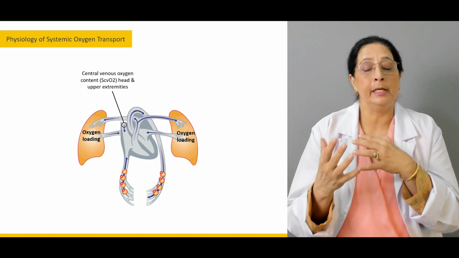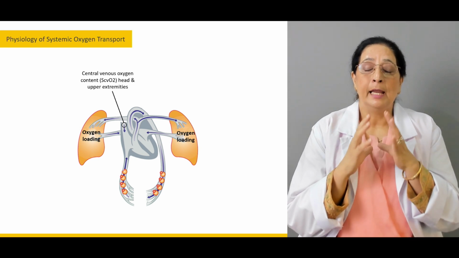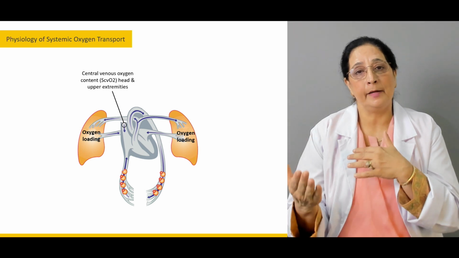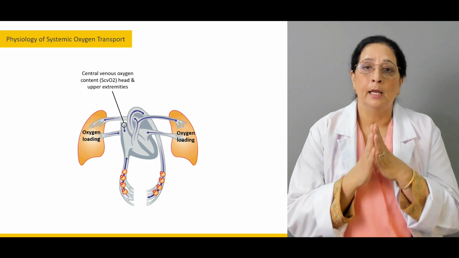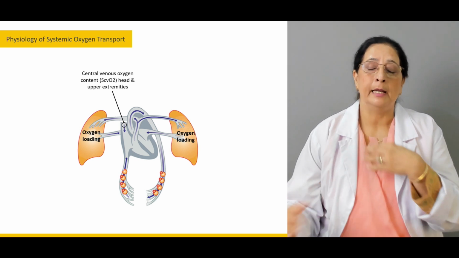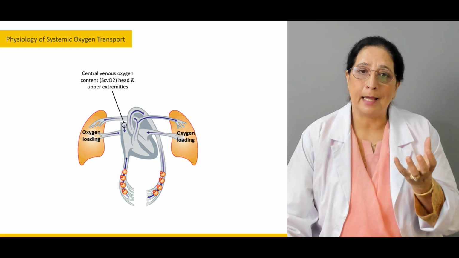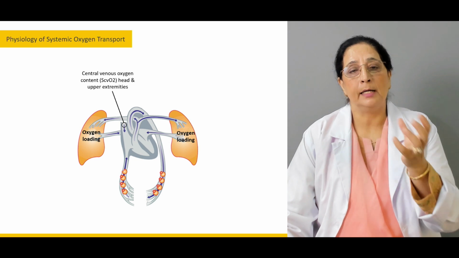The other very important thing we should know is that the pulmonary artery is an artery. Arteries carry oxygenated blood, but the pulmonary artery is the artery that carries deoxygenated blood. It carries the blood to the lungs, gets the oxygen, and then comes back.